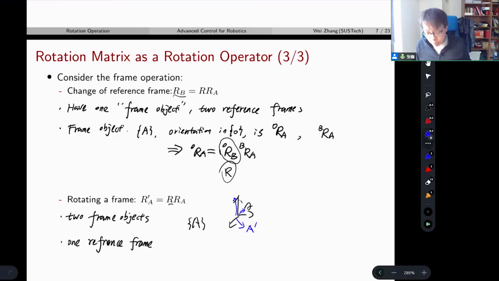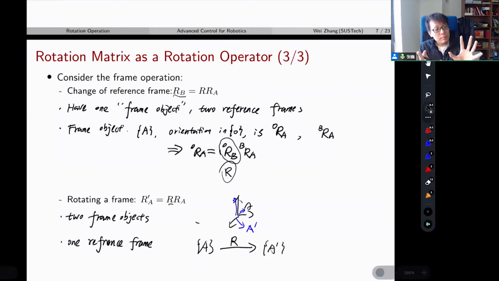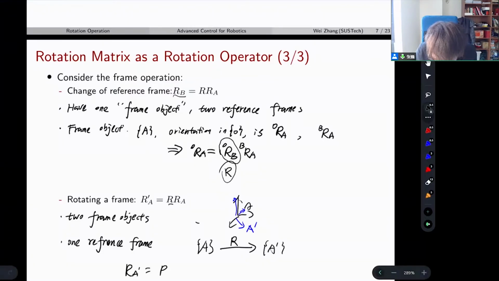If you rotate, it will become A prime. So from A, if you multiply by this R, you get A prime. You think about the frame as your object instead of one point. So overall, you will say R A prime equals R times R A.